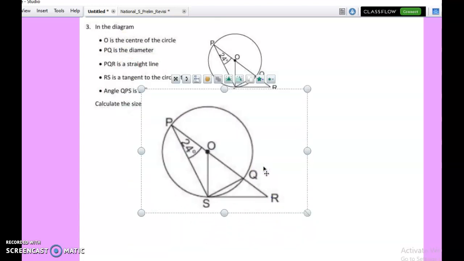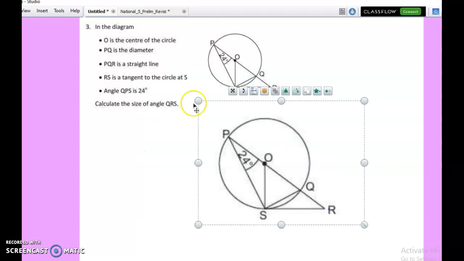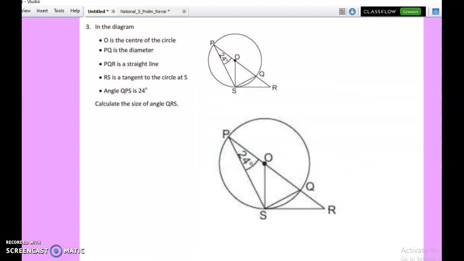That's better. Okay, so mark back in what we'd found there then. This is the angle I want to find. That's the one I'm looking for. And I've worked out that this here is a right angle because it's a radius meeting a tangent.